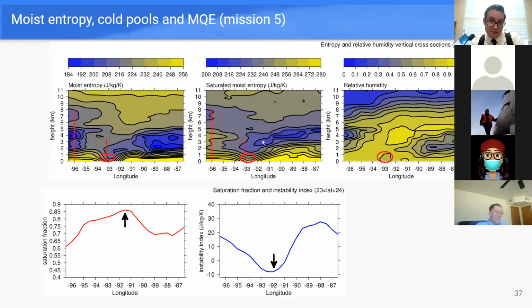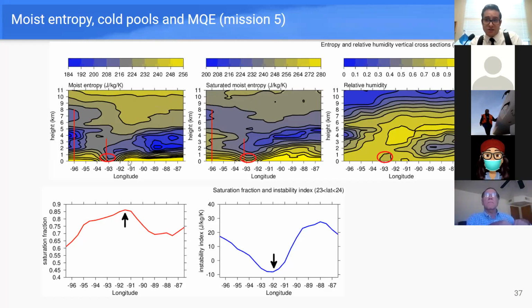And there's also, in the same place, a dip in saturated moist entropy at the surface, which indicates that in this region moisture and temperature are lower. There is an anomaly both in moisture and in temperature. We can also see it in relative humidity if you don't want to use moist entropy and saturated moist entropy, but it is not as evident as with moist entropy and saturated moist entropy.